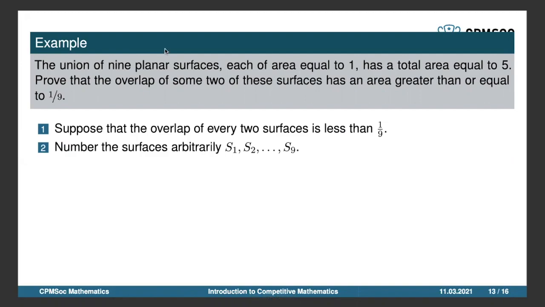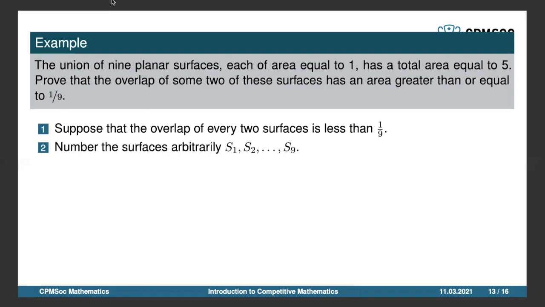Okay, so now we can number the surfaces or label them as S1, S2 up to S9. We can do it arbitrarily, so it's not important which surface is labeled as which. I think this is a good thing to point out.